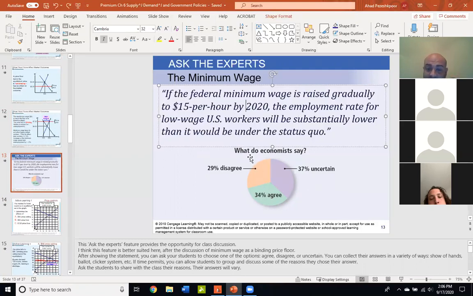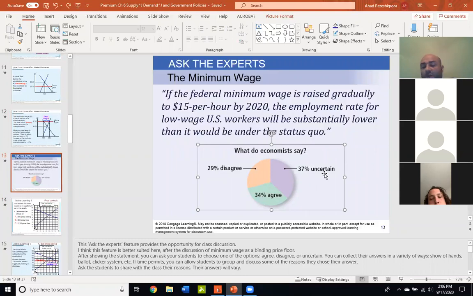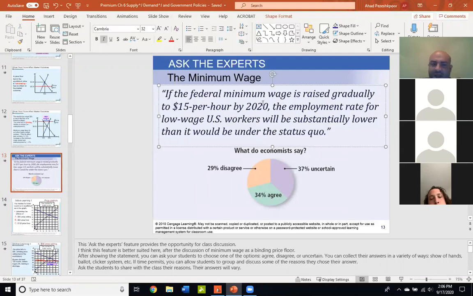As you can see, 30% of economists disagree, almost 35% agree, and almost 40% are not certain. Why is that? Because many people believe that the current minimum wage, 7.25, is actually not binding. It's not really important.